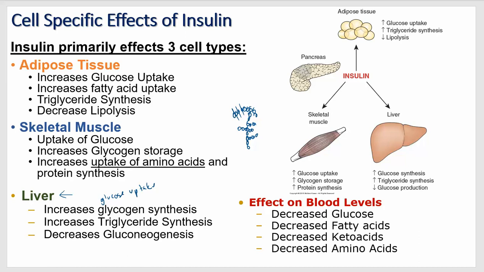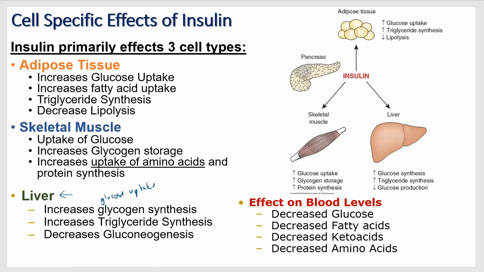Increases uptake of amino acids. So one thing that's also true about muscle, it is very high in proteins. There are enzymes, but there are also structural proteins. So uptake of amino acids and protein synthesis sort of tracks when it comes to what insulin will do in skeletal muscle. Okay, so it increases that uptake of amino acids.